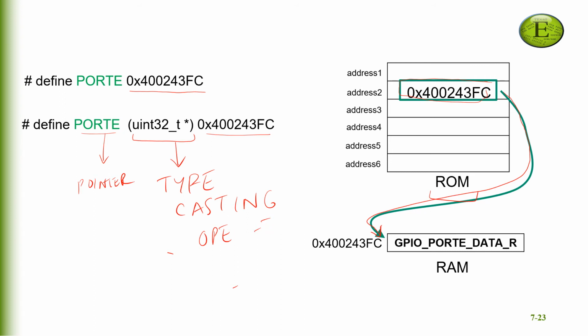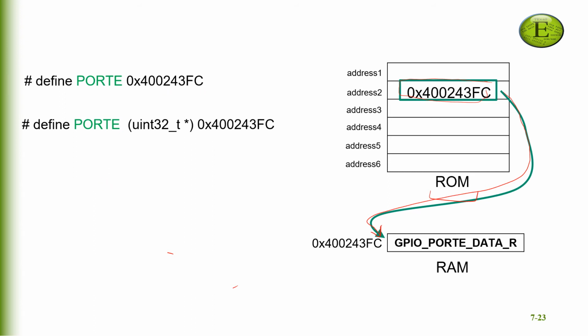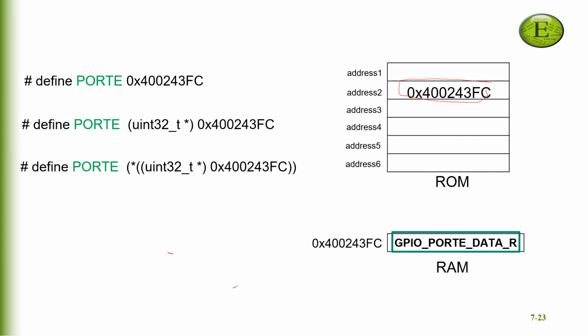Now going further, once port E has become a pointer, we could work with a pointer in our C program. However, it would be much easier if we work with the value of the pointer. Therefore, to convert port E back to a normal variable rather than a pointer, we apply the dereferencing operator. So in C, the star to the left of this definition is performing as the dereferencing operator.